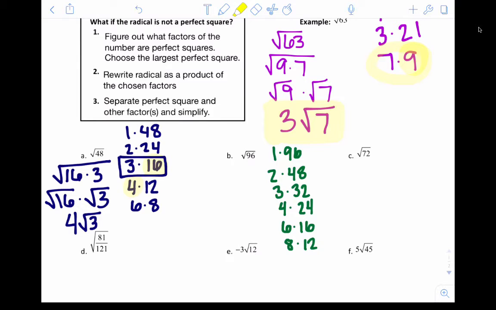Okay, so my perfect squares are 16 and 4.